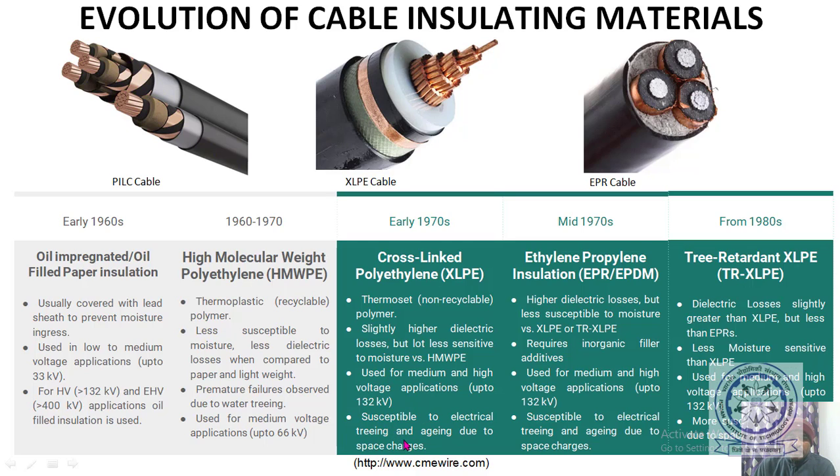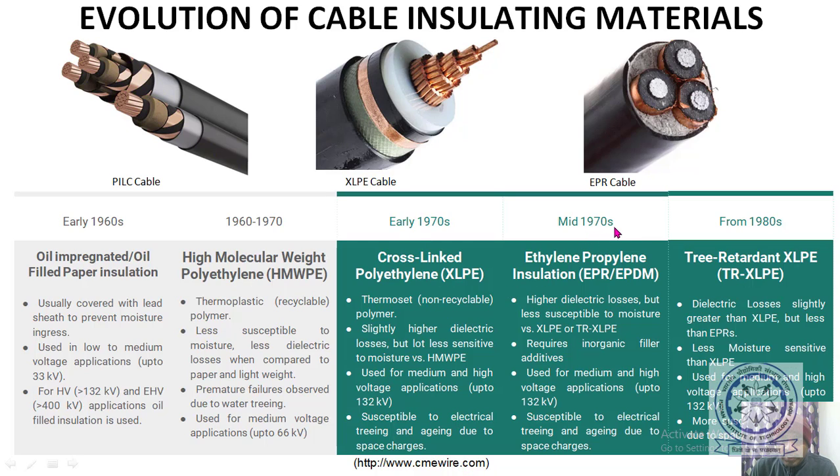It is susceptible to electrical treeing and aging due to space charges. Aging due to space charges is mainly under DC, and electrical treeing occurs inside the insulation. Electrical treeing is a process we will see later, maybe in the next video. I have already shared the first video that has everything, in which you can also see what electrical treeing is. So this material is susceptible to electrical treeing and space charges.